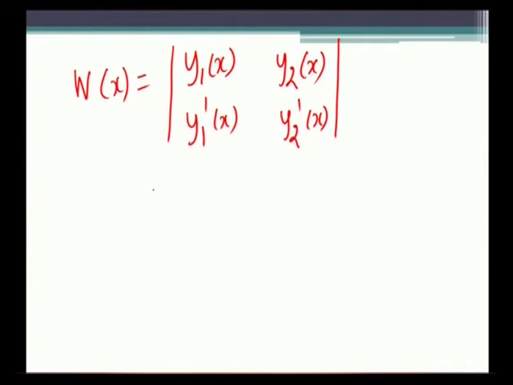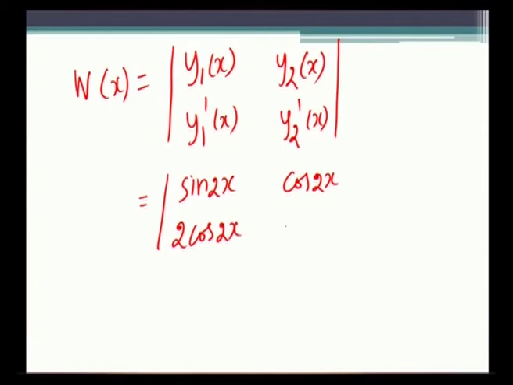Substitute the solutions and their derivatives. So, this determinant will change to sin 2x, cos 2x, then y1 prime of x is 2 cos 2x, y2 prime of x is minus 2 sin 2x.